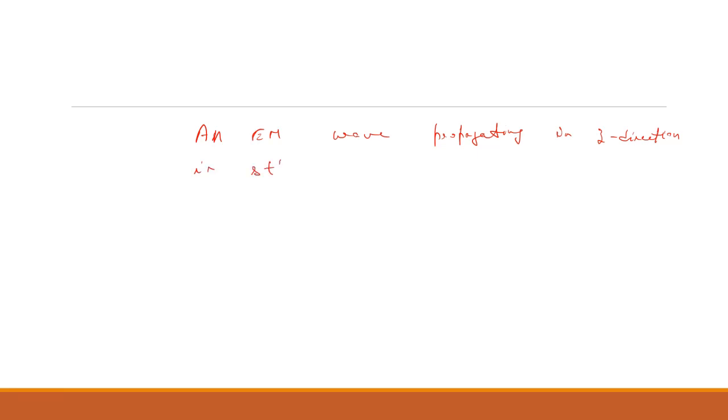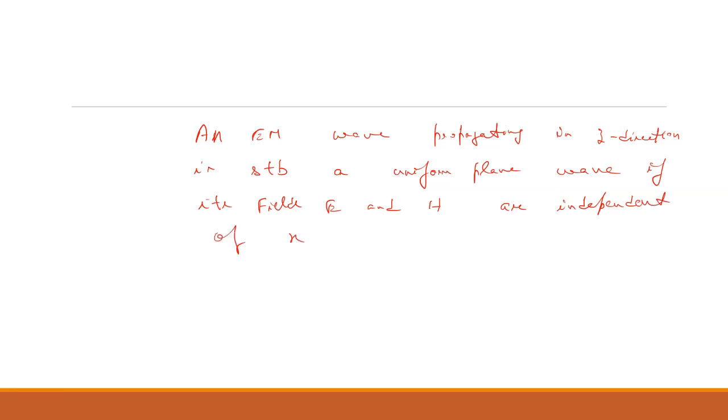It is said to be a uniform plane wave if its fields, that is E and H, are independent of x and y directions.